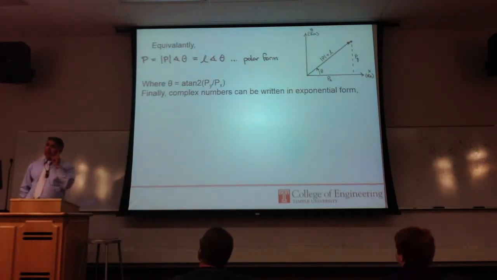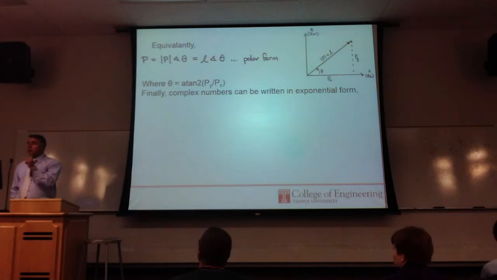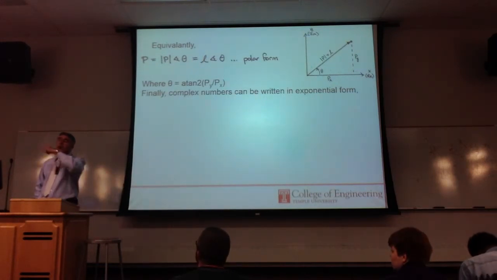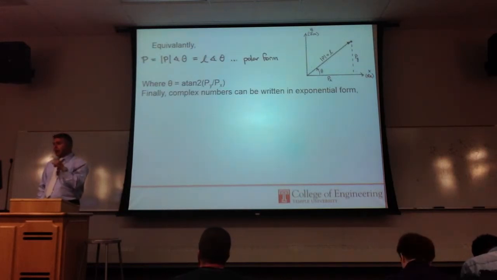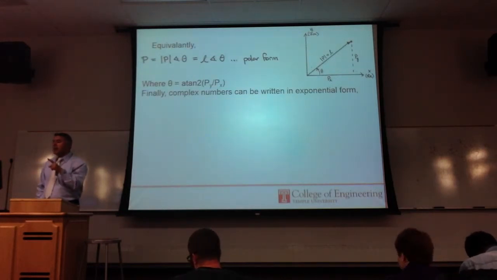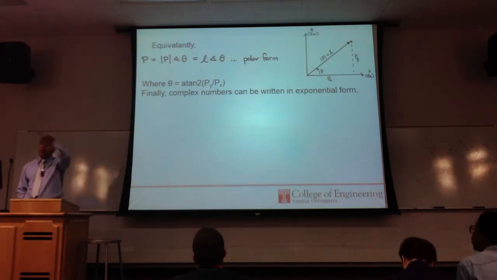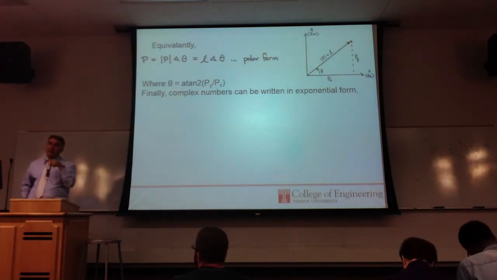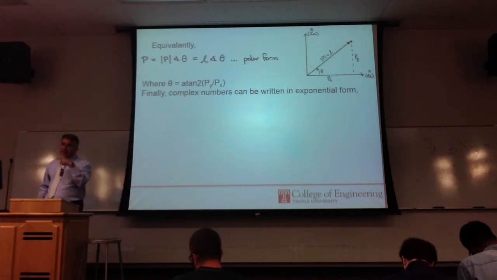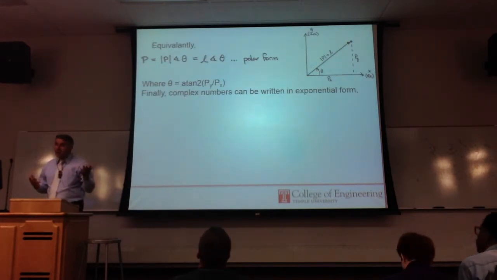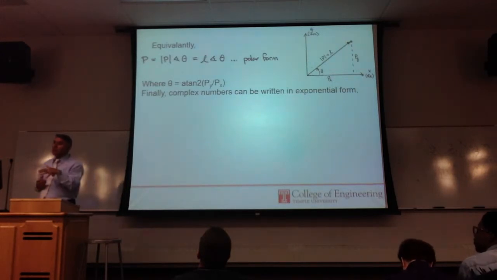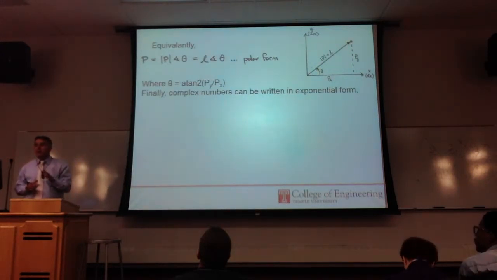The only difference is that A tan 2 also takes into consideration the quadrants where the angle is, because tan minus 1 only gives you the angle from minus 90 to 90, where in this case we have 4 quadrants. That's why if you have a calculator with A tan 2, it is going to give you an angle, say 270 degrees, but using tan minus 1, you're not going to get 270. Okay? So it's exactly the same.